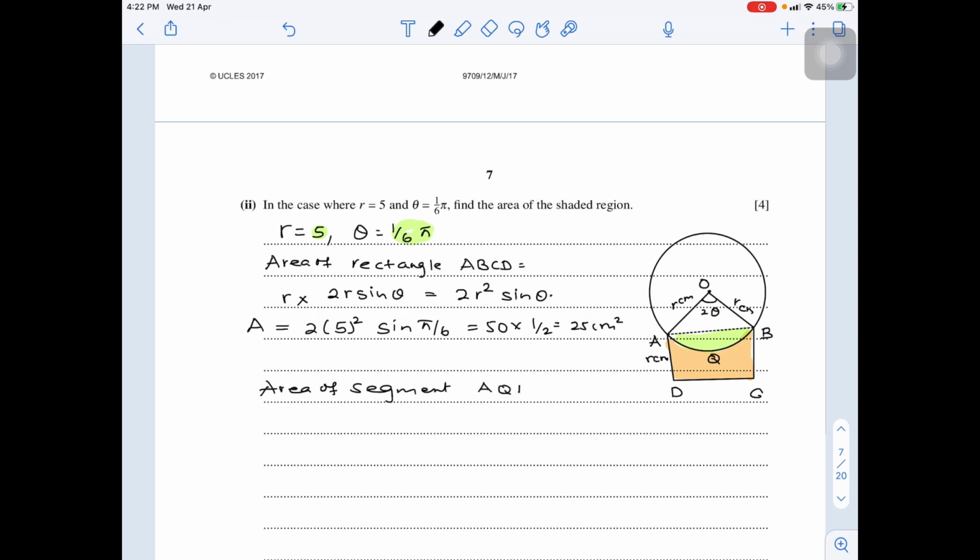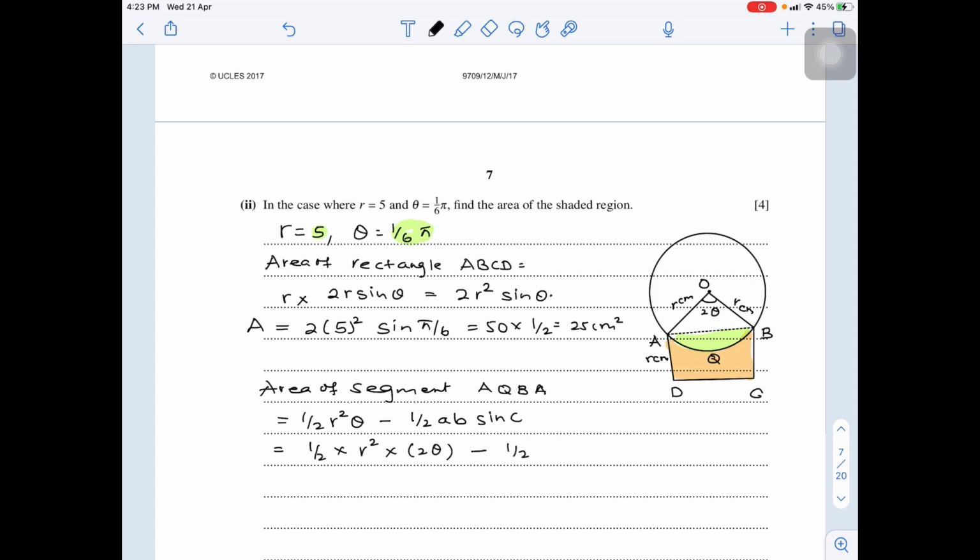Now area of segment AQBA, the green part I'm talking about. It's half r squared theta, area of the sector, minus area of the triangle, which is half AB sine C.